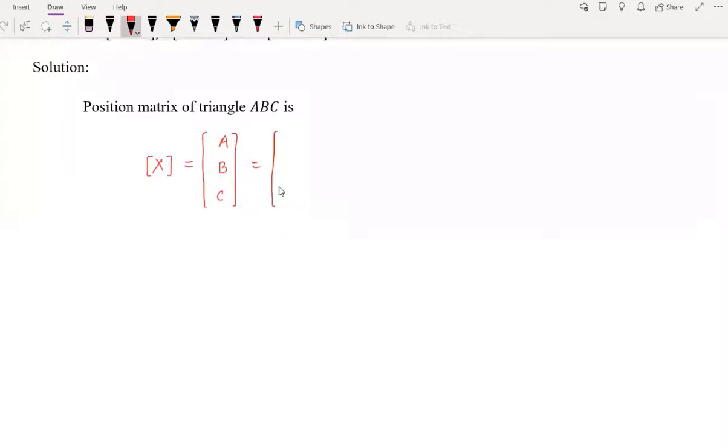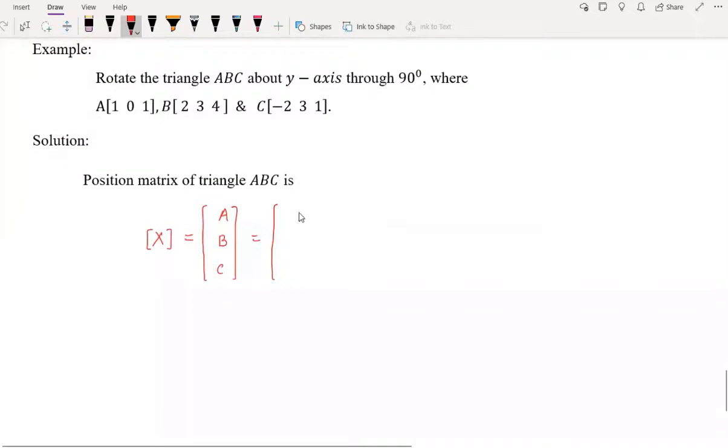What is the coordinate of the point A? A is 1, 0, 1. B is 2, 3, 4. And C is minus 2, 3, 1. Okay. So these are the coordinates of the points A, B, and C, which is the position matrix of the triangle ABC.